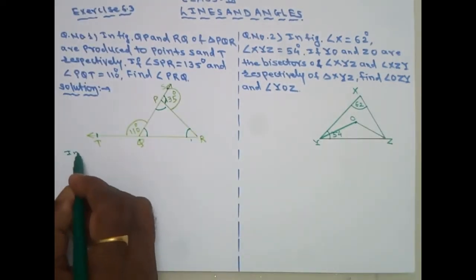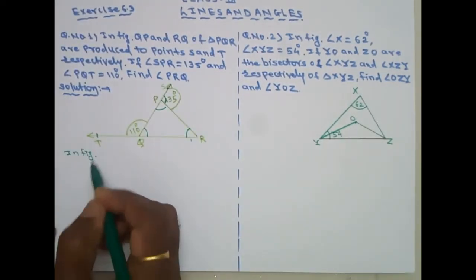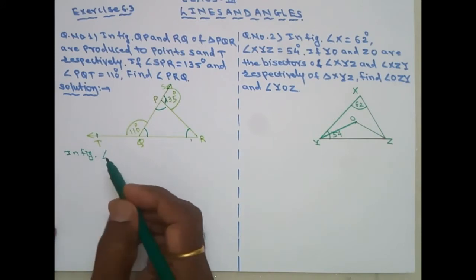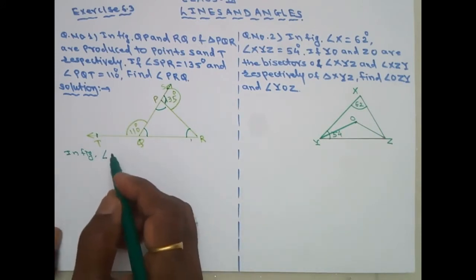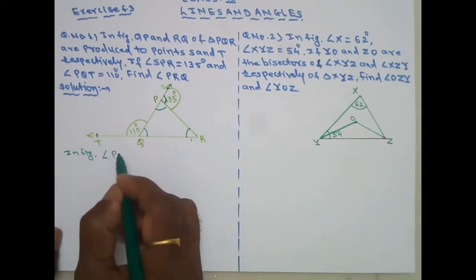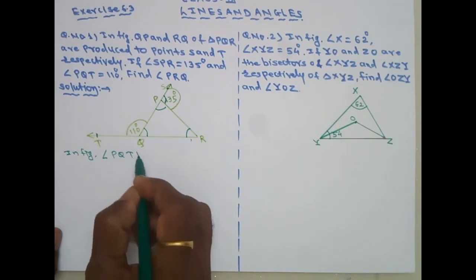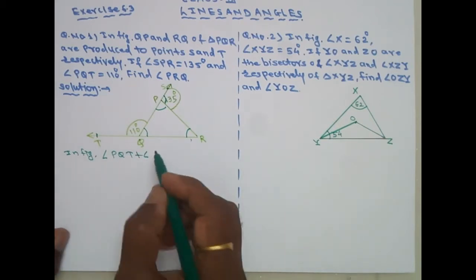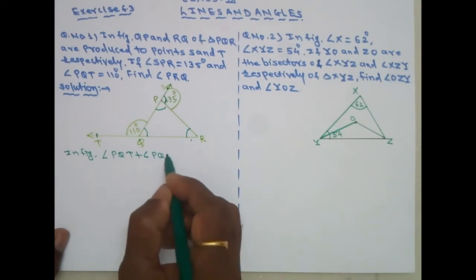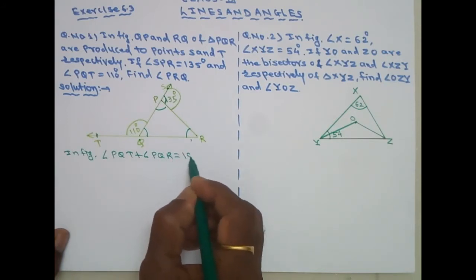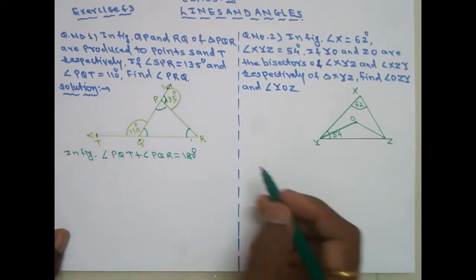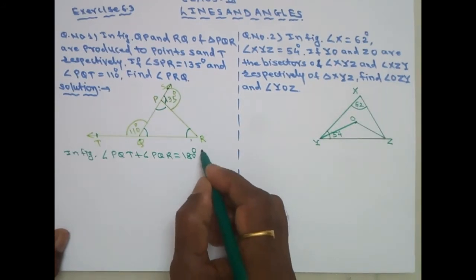In figure, this angle PQT plus angle PQR equals to 180 degree. Reason, linear pair of angles.